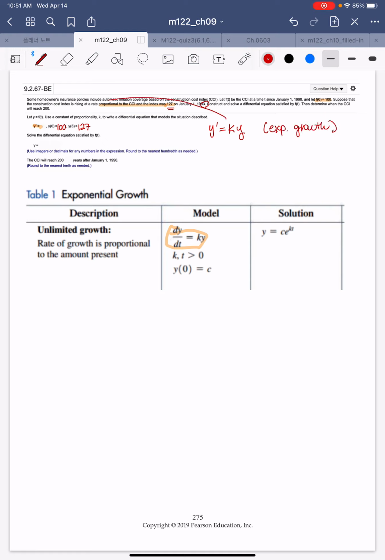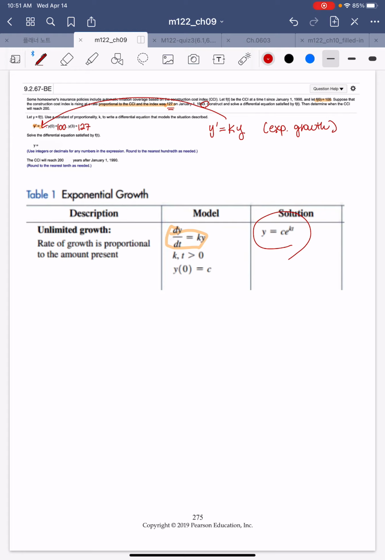Okay, so you're going to put that over here. Now we have to find the solution. Fortunately, we do have a solution equation directly right over here. So all we have to do is plug it in and then solve.